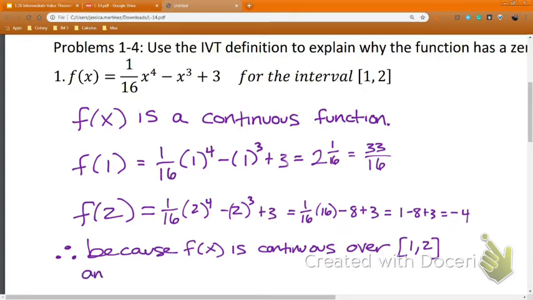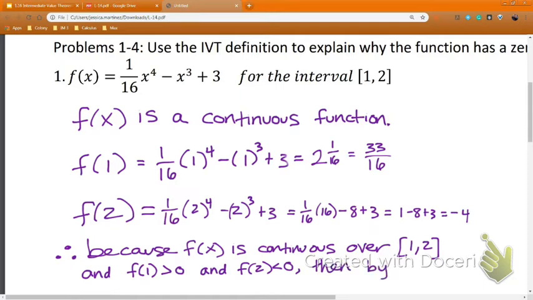and f of 1 is greater than 0, and f of 2 is less than 0. I'll pause there. I see some of you guys furiously writing. Because the function is continuous, because the left bound is greater than 0 and the right bound is less than 0, then by the intermediate value theorem, you can abbreviate that IVT.